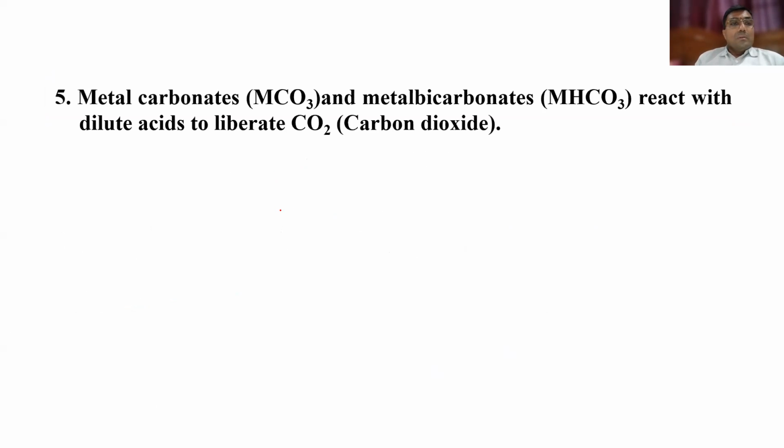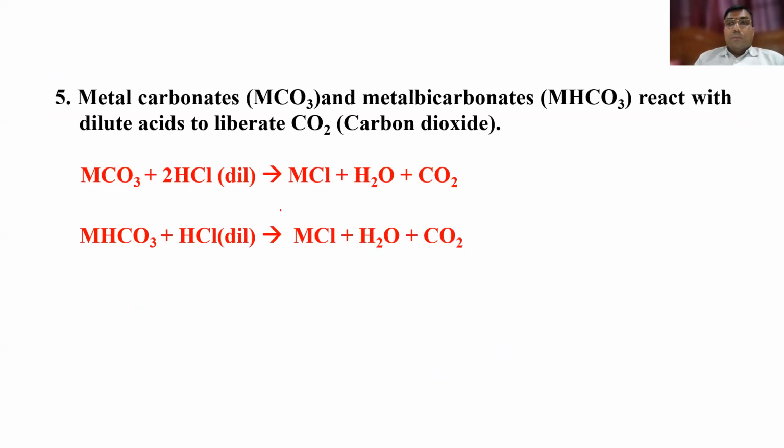Now, similarly, metal carbonates. When you add HCl to a metal carbonate, you always get CO2 gas. Similarly, for metal bicarbonate, when you add HCl, you get CO2 plus water, right? So metal bicarbonates or carbonates, both will give carbon dioxide gas.